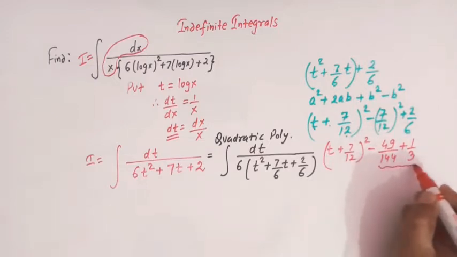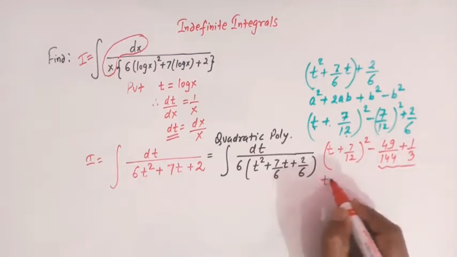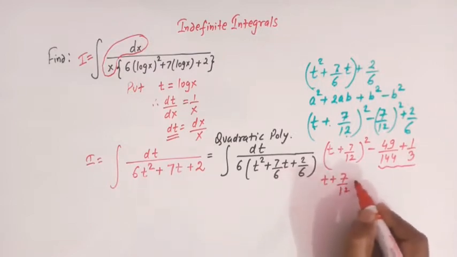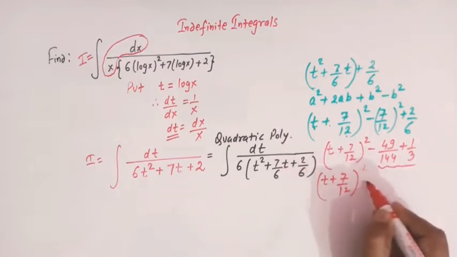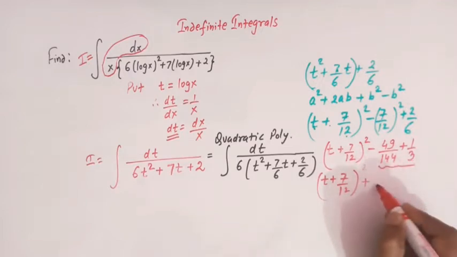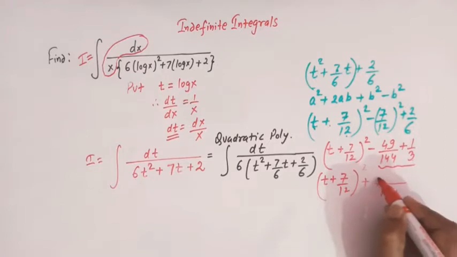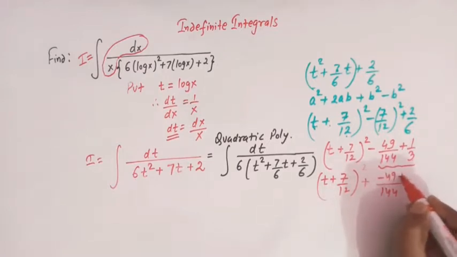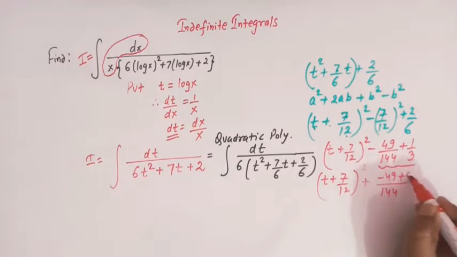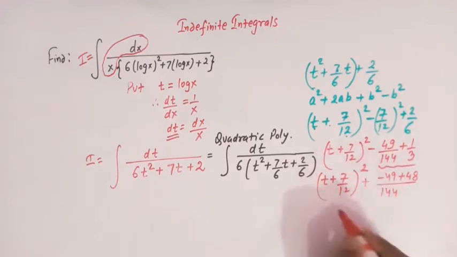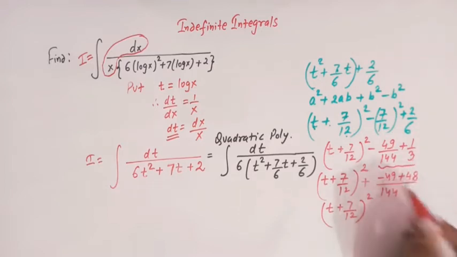Taking the LCM as 144, this is minus 49 plus 48, since 3 fours are 12 and 3 forty-eights are 144. So 48 minus 49 is minus 1 over 144.